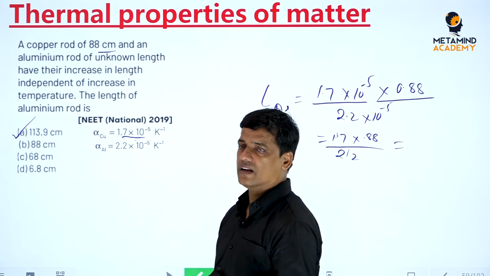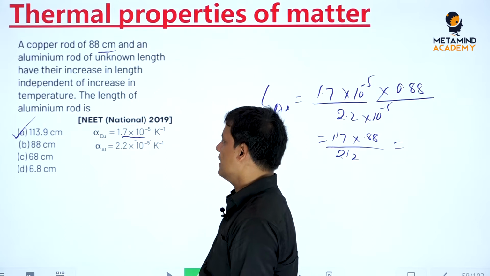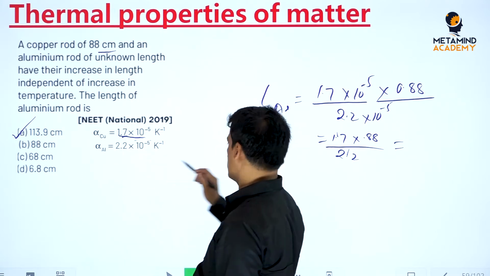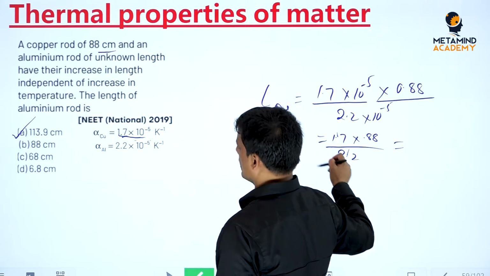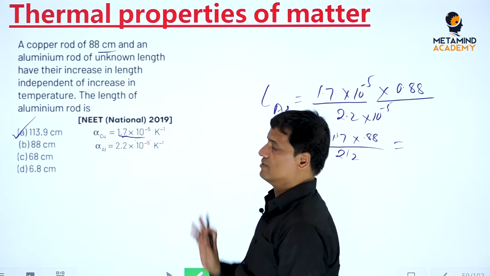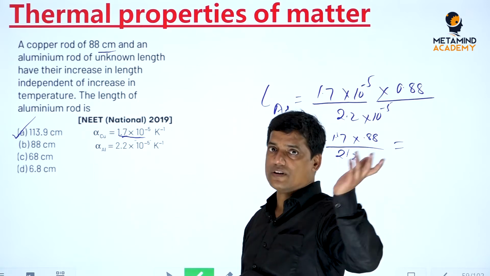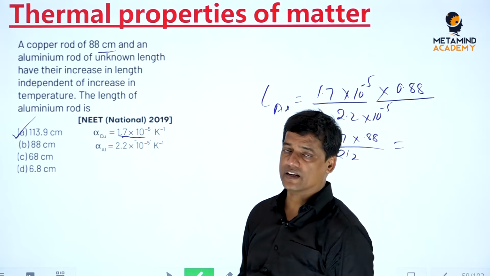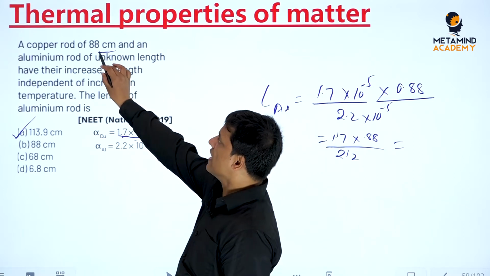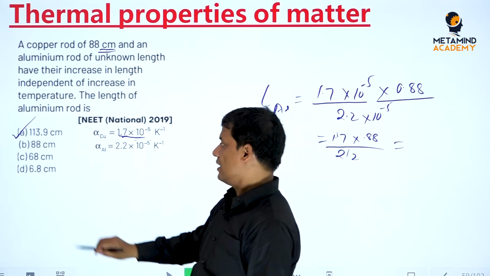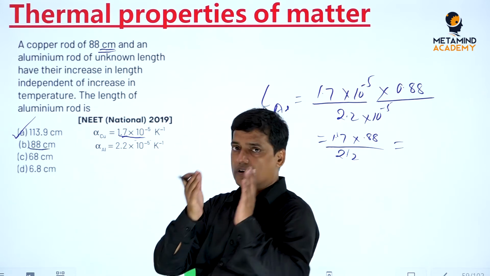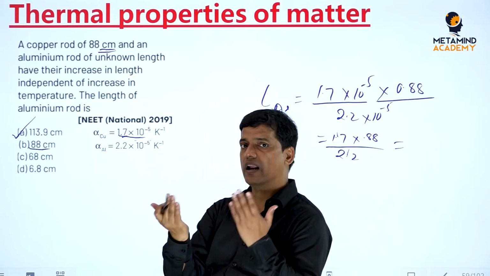Now, instead of calculating all this, as I was telling in some previous chapters, you have to be a little bit intelligent. See what is happening. This is looking like a tedious calculation, and that is the intention of the question setter also. They want to spend your time if you are not making an intelligent decision here. What is the intelligent decision? You see here, the original length is 88. If the materials are the same, the lengths cannot be the same.